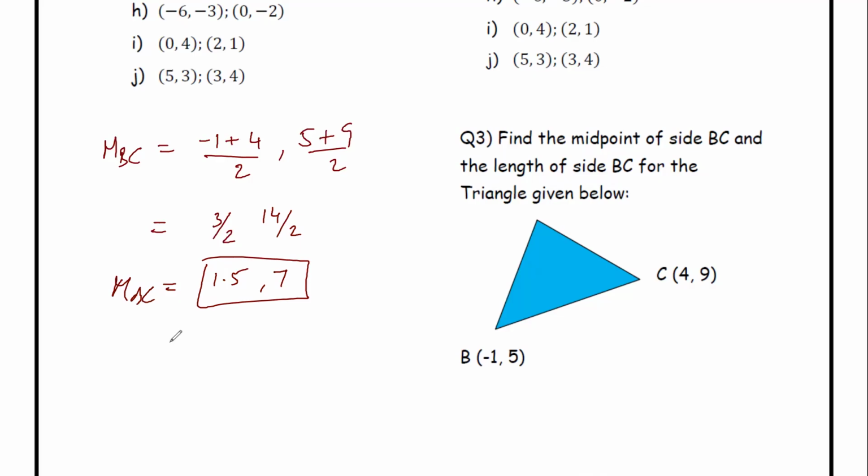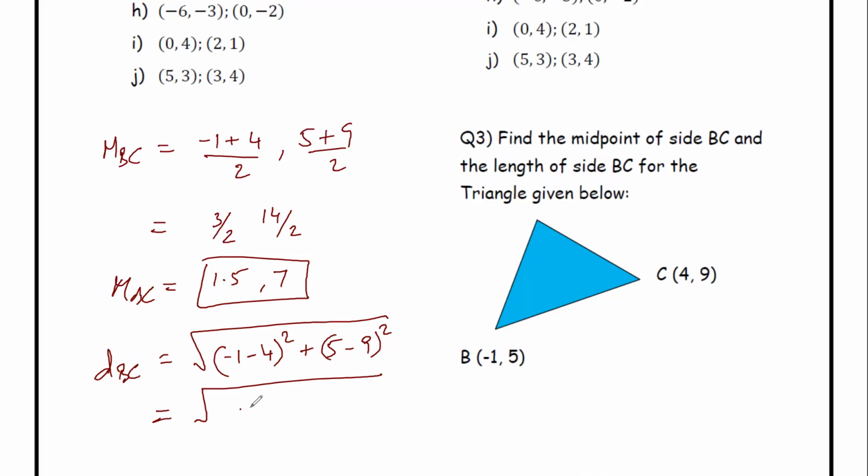And the length of side BC for the following triangle given below. So the distance of BC is -1 -4, the whole thing squared, plus 5 minus 9, the whole thing squared. So that's -5, the whole thing squared, plus -4, the whole thing squared.